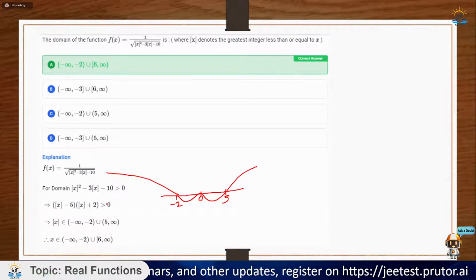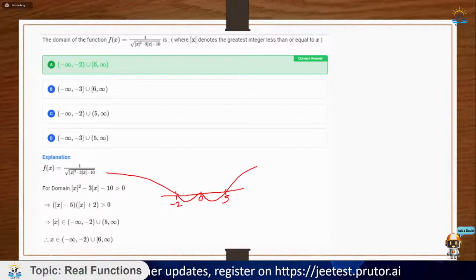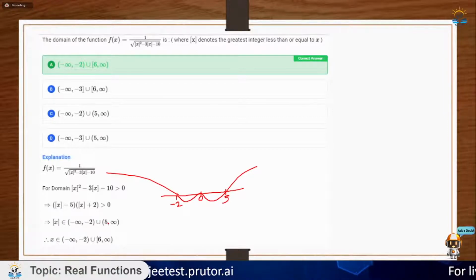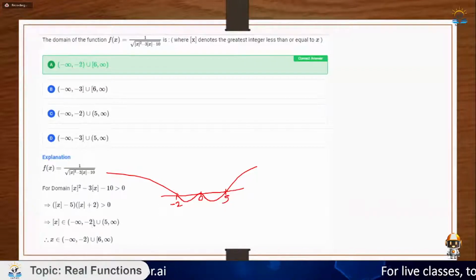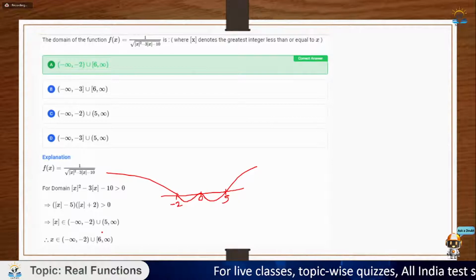And what I want is that it should be greater than 0. So basically my answer would be from minus infinity to minus 2, which is written here, union 5 to infinity. Why? Because I want only the positive part. So my GIF of x should belong to minus infinity to minus 2, union 5 to infinity. So x should belong to minus infinity to minus 2, minus 2 not included obviously, union, since GIF of x belongs to 5 to infinity where 5 is not included, my answer would be from 6 to infinity where 6 will be included.